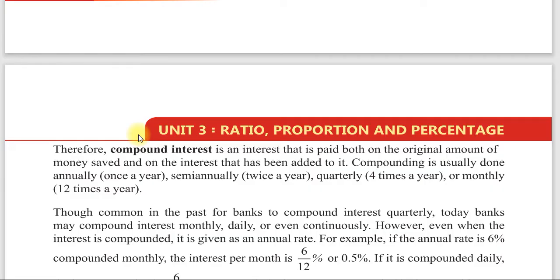እንግዲህ compound interest ከሲምፕል ኢንተረስት የሚለይበት የራሱ ባህሪ አለው። Compound interest is an interest that is paid both on the original amount of the money saved and on the interest that has been added to it.